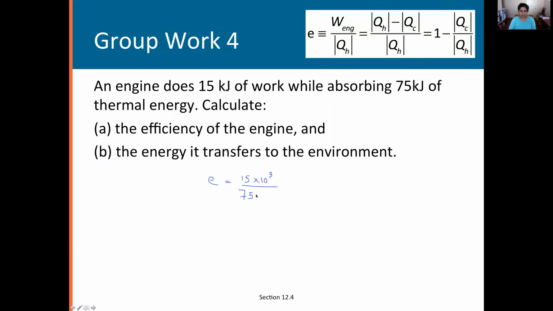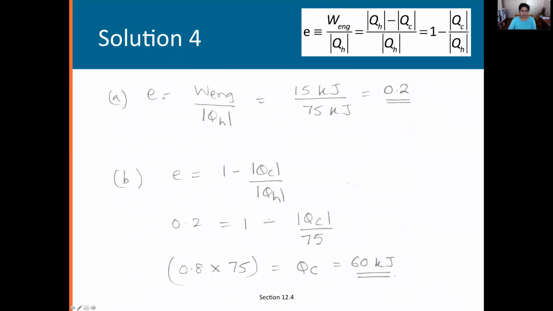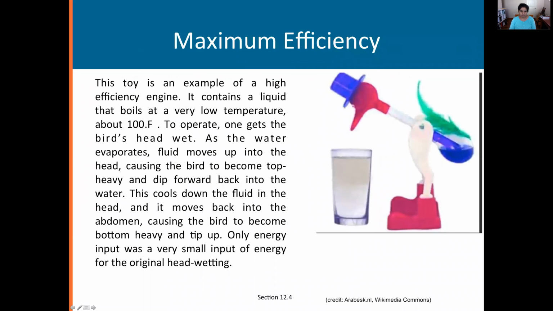Actually, since both are kilo, I need not have written it. I could have just canceled it. But anyway, it's going to be 1/5. And you are going to do part B. Then you should compare your answers to mine. This is going to give you 0.2 efficiency, and this is going to give you 60 kilojoules.